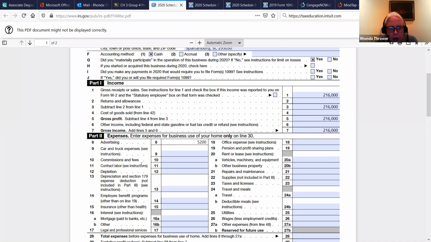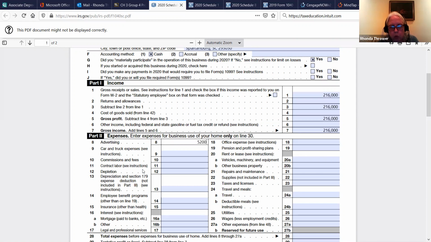No. Actually, that would be if you paid someone a commission of some type, or they charged you some type of fee to do something. I'm not real sure what that would be about, but that's about the best I can give you for that one. All right. So then, no, I wouldn't put the employees' wages there.